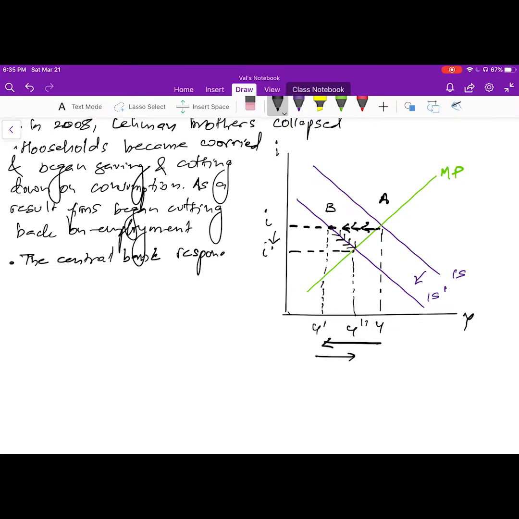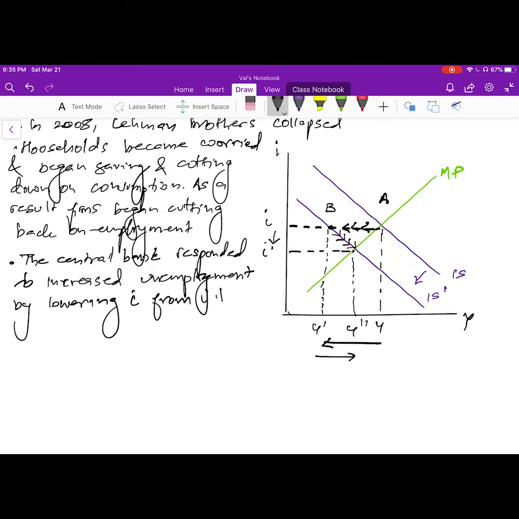Okay, so the central bank responded to increased unemployment by lowering interest rate from I to I prime, causing the output to increase from Y prime to Y double prime.